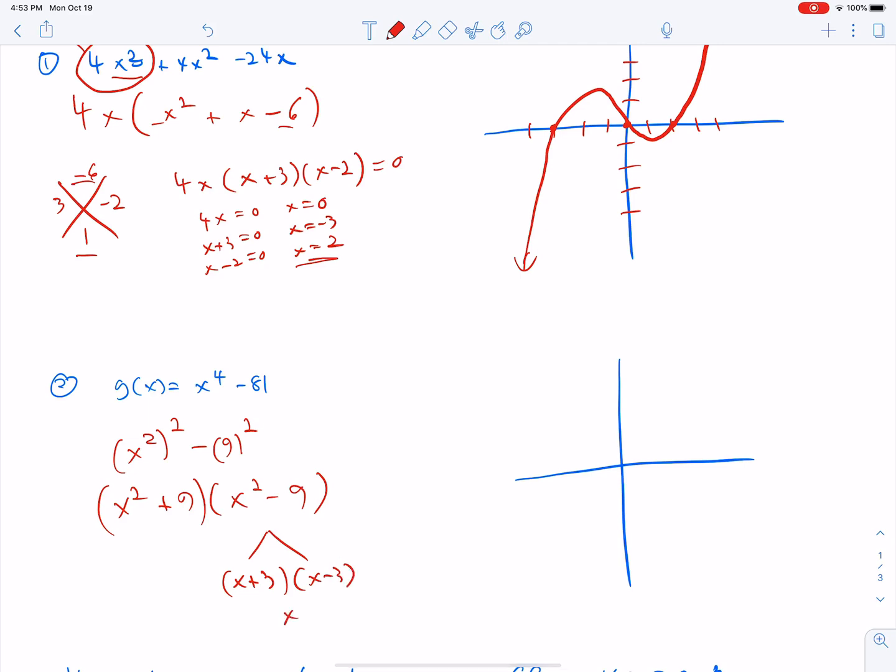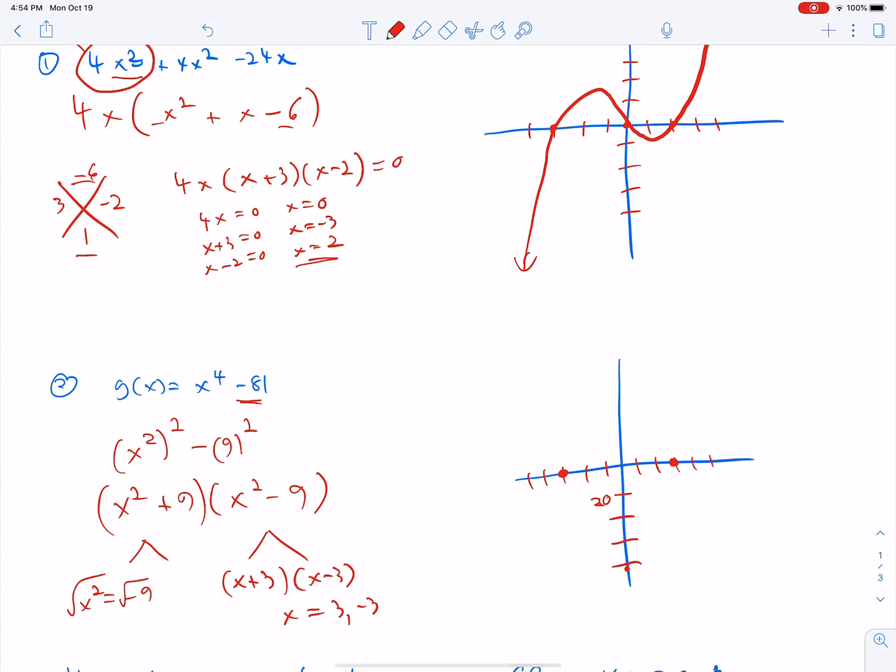So right here we have x values of 3 and negative 3. So we know that we're going to have x-intercepts at negative 3 and 3. We also know that our y-intercept is going to be negative 81. Now remember, when we look at x squared plus 9, this is where x squared equals negative 9.